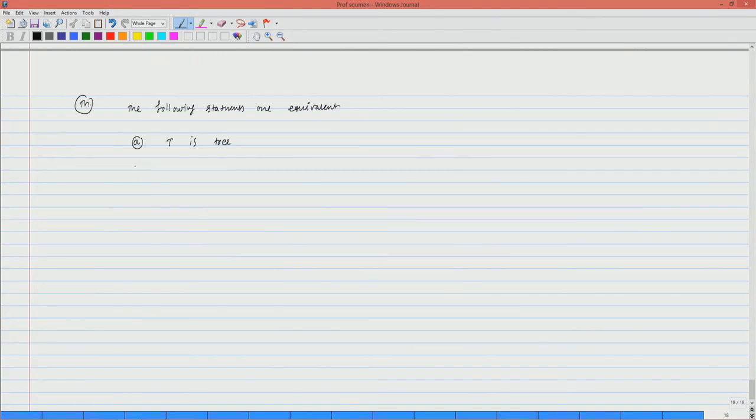These are easy, you can refer to some book for the formal proof. T is a tree, which is equivalent to saying that T is a connected graph and has exactly V minus 1 edges. So, T means it is (V, E), where V is the vertex set and E is the edge set.